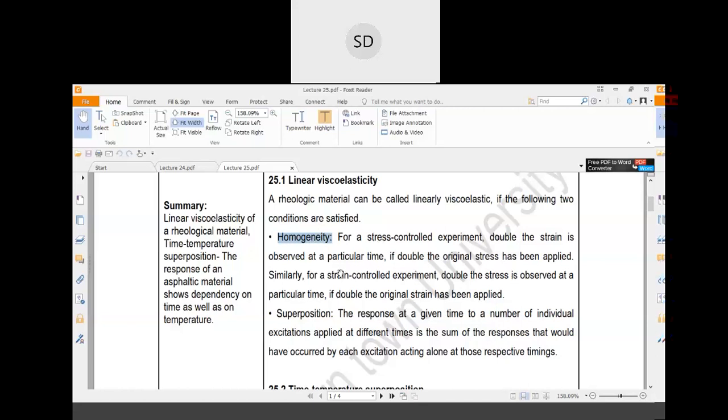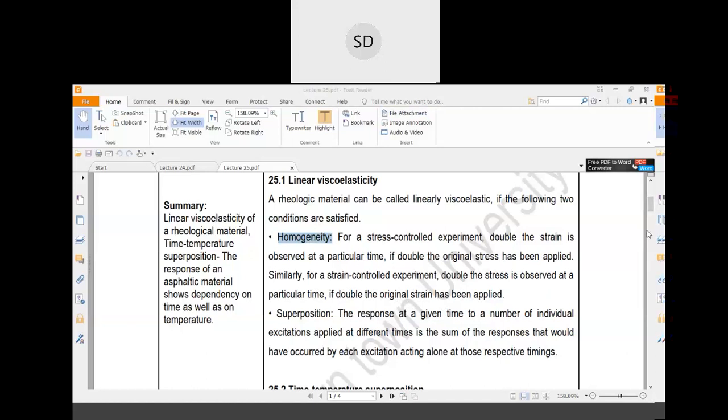So that is homogeneity. Similarly, for a strain control experiment, double the stress is observed at a particular time if double the original strain has been applied. So basically, this is the homogeneity in such cases.